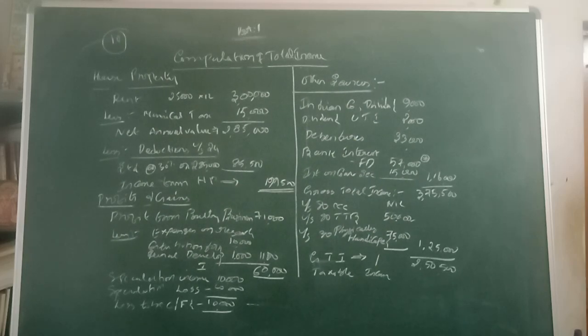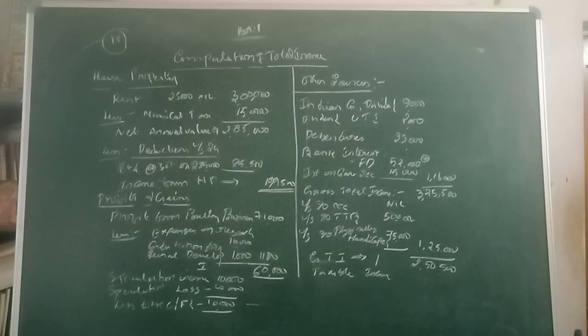The condition says that any municipal taxes paid are eligible to be deducted from the annual rent, and moreover that municipal tax should be paid by the owner of the house. Here the municipal taxes paid by the tenant is 15,000, which is 50%, and the other 50% is paid by the owner of the house.